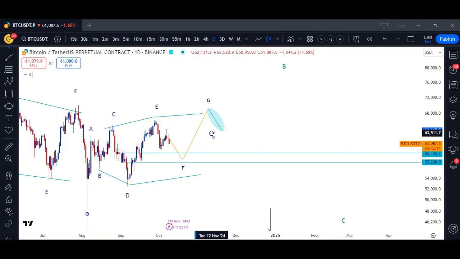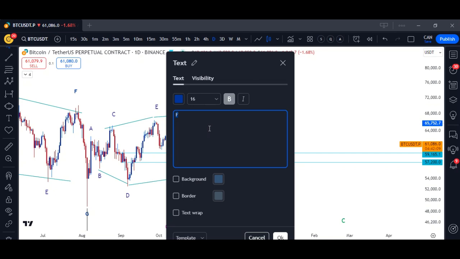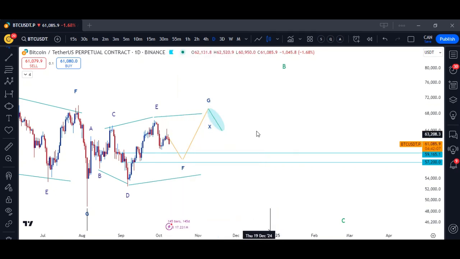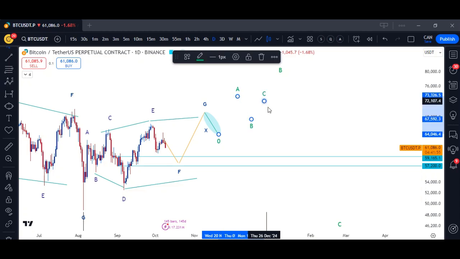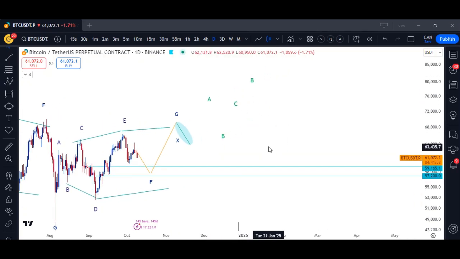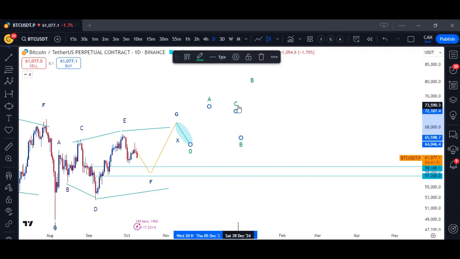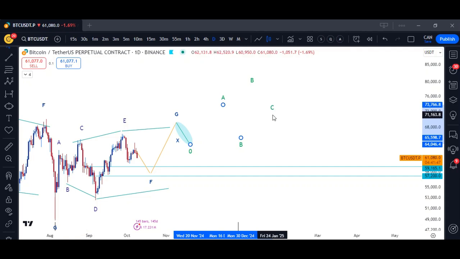Well, we could have a triangle, we could have an ABC, but let's just go with a simple one, ABC, right? So we could have an A, B, C. Now this is where things get really interesting. This is where price could actually make an all-time high and go all the way up here.